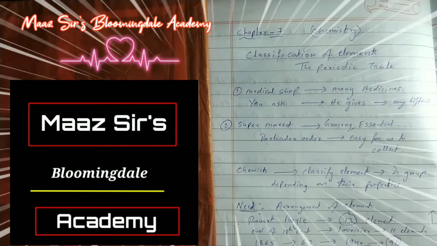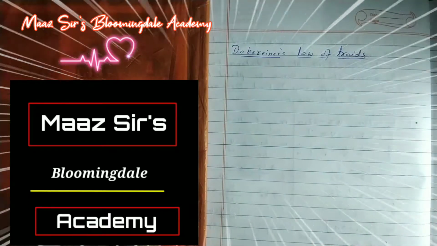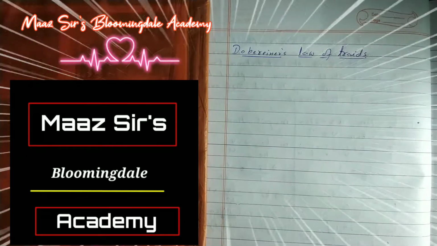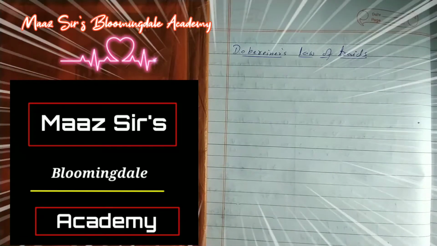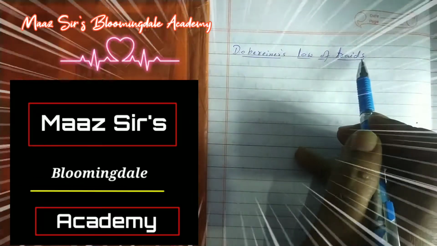So the chemists thought of arranging all these elements in an order according to the physical and chemical properties. In an attempt to classify the elements, Dobereiner was the first person to make a law. This law is known as Dobereiner's law of triads.